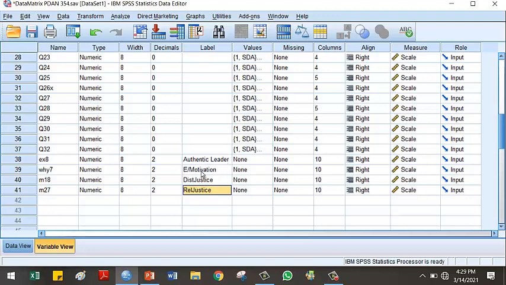The dependent is employee motivation, while distributive justice and relational justice are used as the mediators. However, since we at the moment are not concerned with these relationships of the variables, rather we have to conduct the factor analysis for the validity of the questionnaire and each variable.